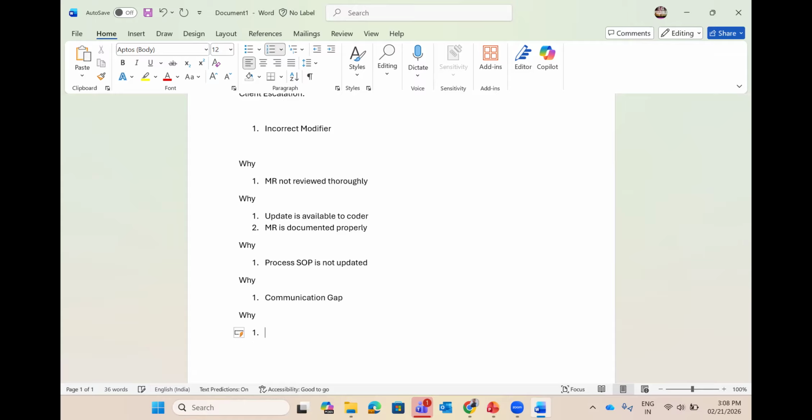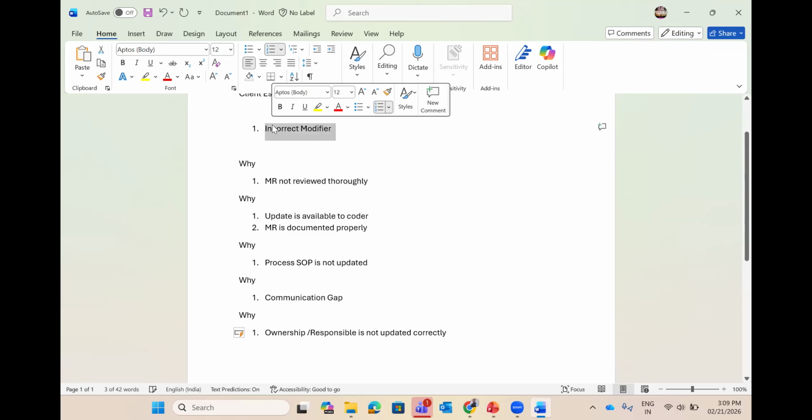So you're saying there is an ownership issue, like the responsible person needs to update the SOP. Ownership issue, or the responsible person has not updated it correctly. Correct. Okay.